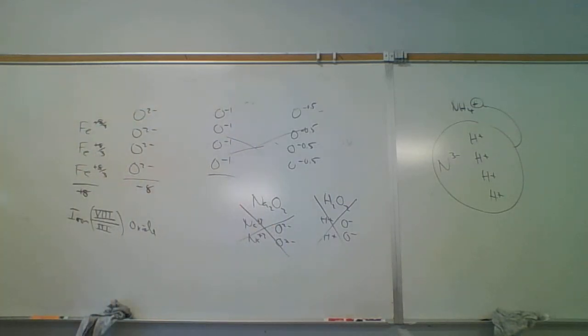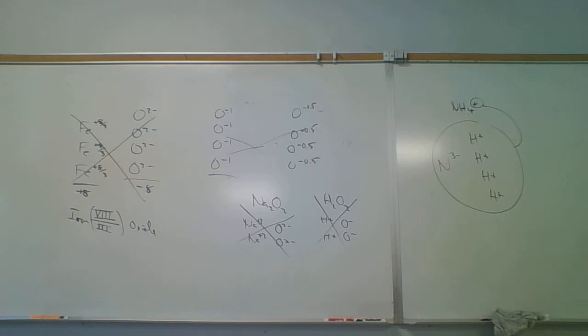And so for magnetite, this is wrong. This is not magnetite. You know what magnetite is? Magnetite is this. It's Fe3O4, and we have 4 oxygens at -2. And then we have irons. And these irons have to add up to +8.